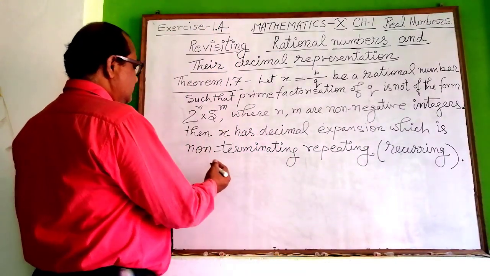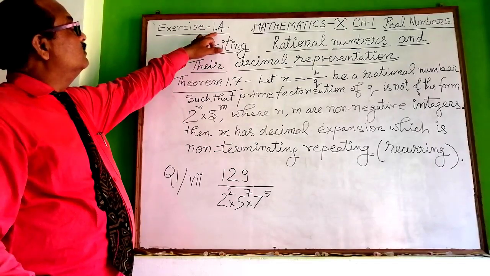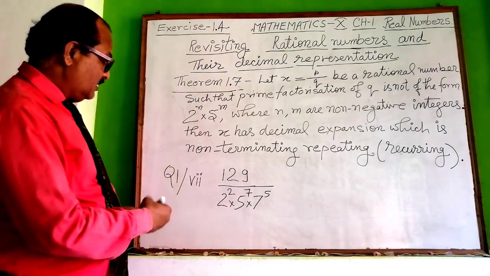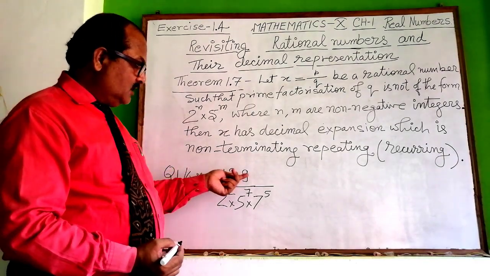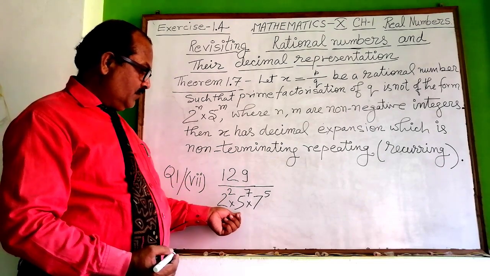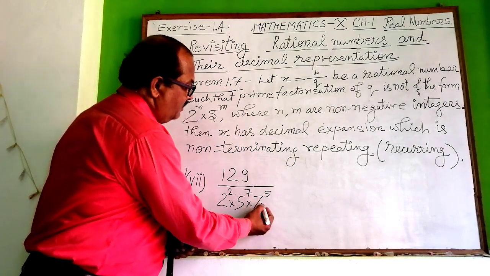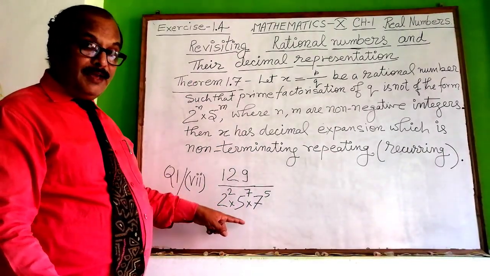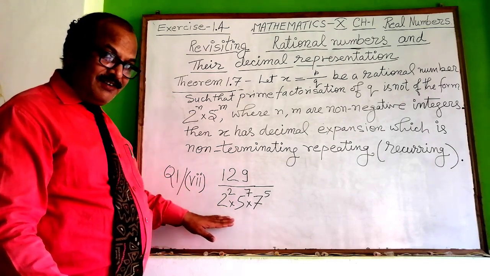Suppose there is a number. See exercise 1.4, question number 1, seventh part. The question given is 129 upon 2 squared into 5 raised to the power 7 into 7 raised to the power 5. You can see the number is written in the form of p upon q and the prime factors of the denominator are given.